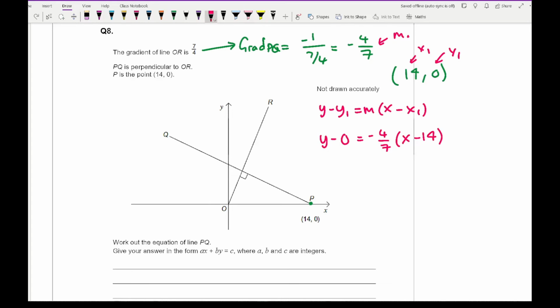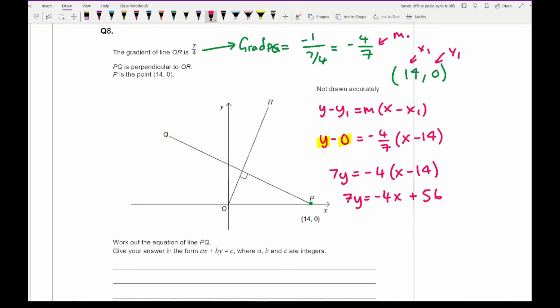Then if I multiply everything by 7, what we end up with is 7y equals -4 times x minus 14. And then expanding the bracket out, I get -4x, and that's going to be plus 56.